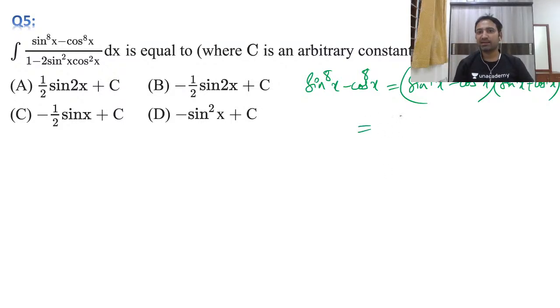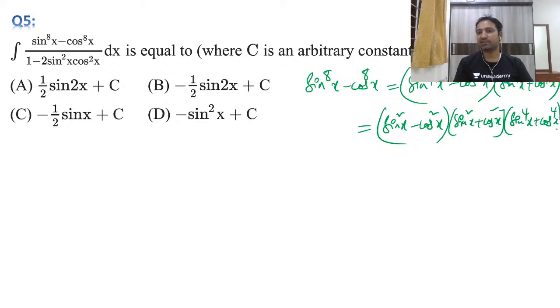And again, can I write it like sin square x minus cos square x into sin square x plus cos square x, into sin power 4x plus cos power 4x?